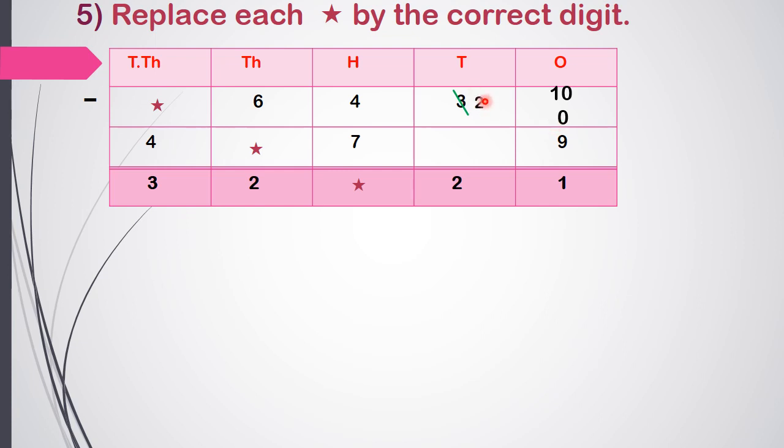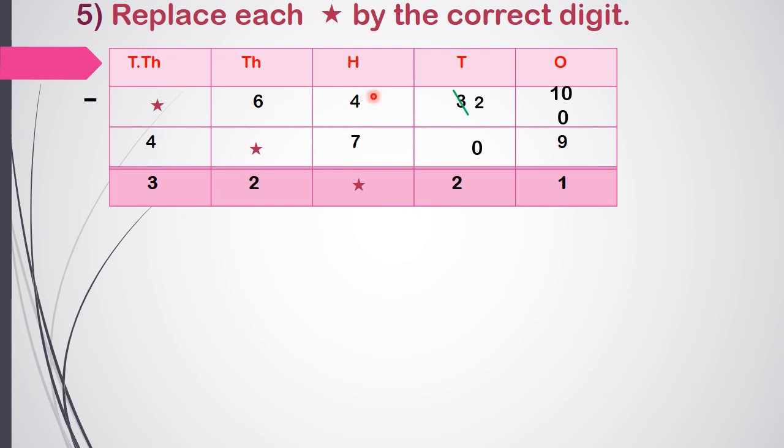So 3 becomes 2, because we had borrowed from 3. Now look here, the answer is 2, the number is also 2. Then what will come here? Yes, 0. When we subtract 0 from 2, we get the same number, 2.